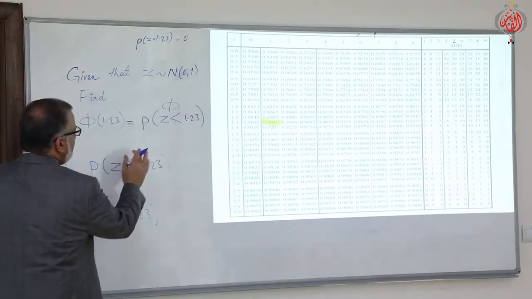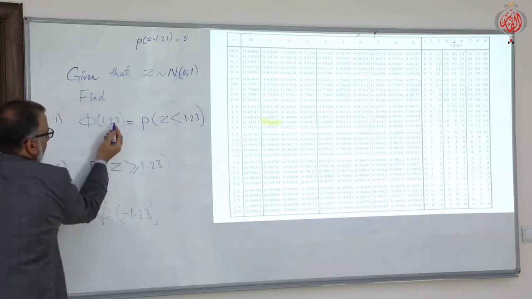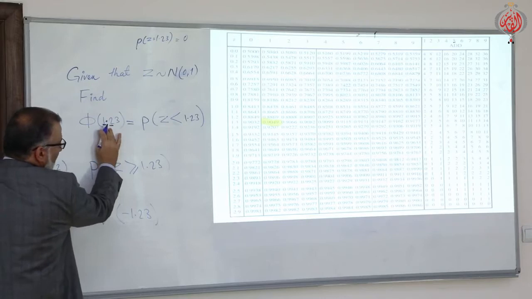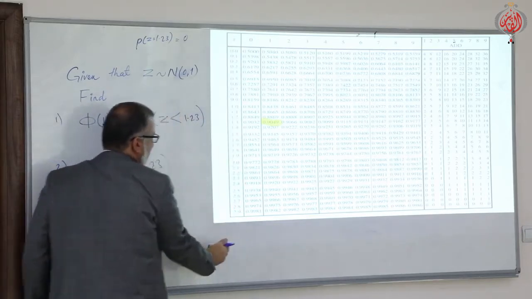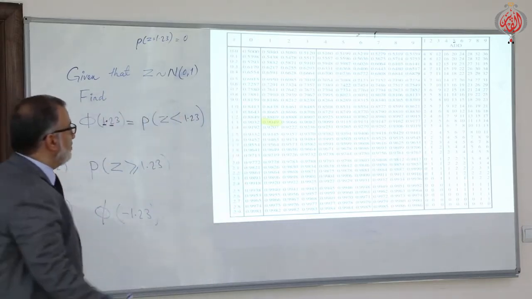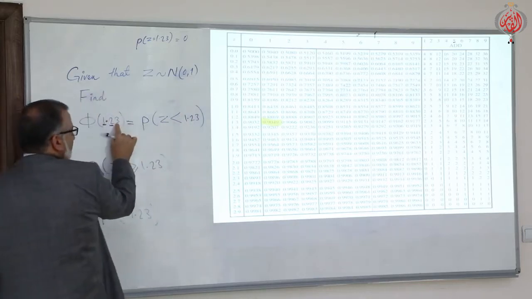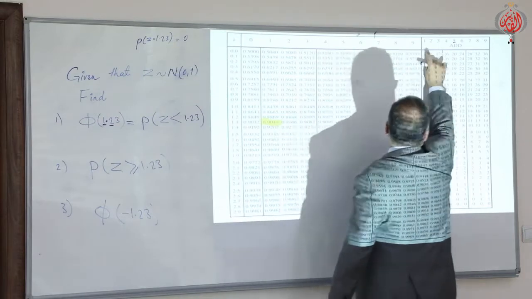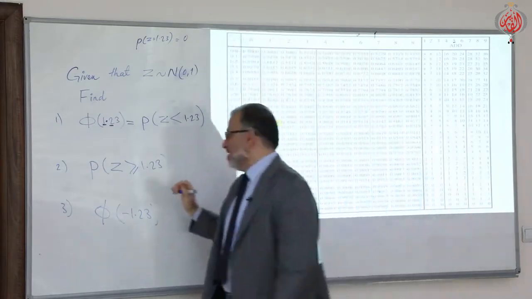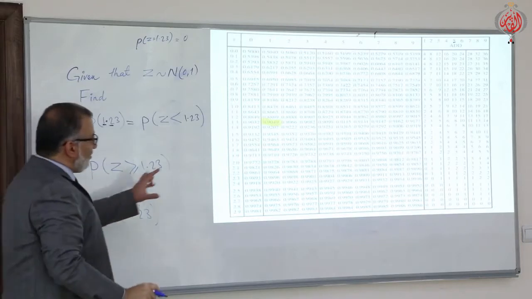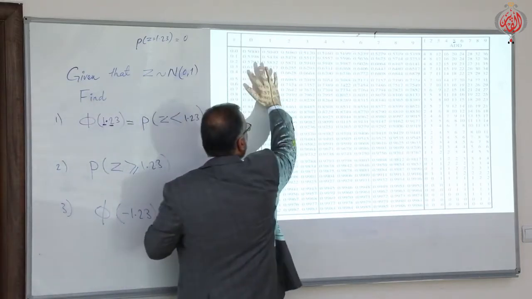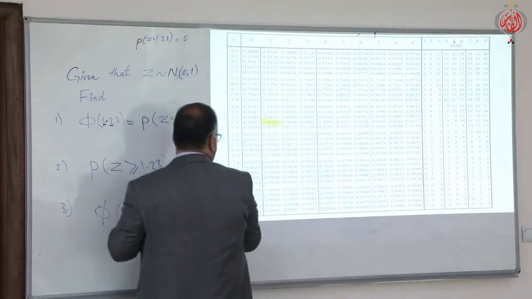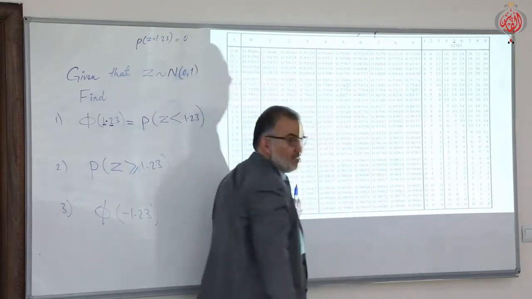Always the whole number with the tenth, the first two figures, you can find in the first column to the left. These are the values. While this is the hundredths place, and this is the thousandths place. So we can find the probability. Where are the values of the probability? They are here, the main body of the table. Here are the probabilities, while here are the values of Z.